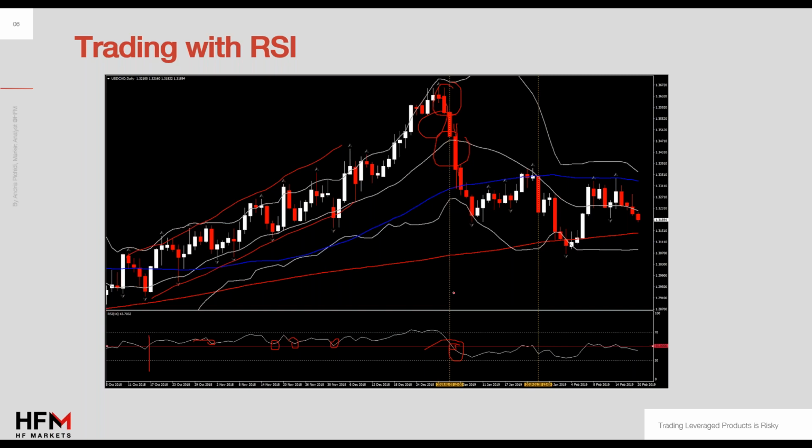Is it turning down already? Is this a correction? What is this? But the confirmation came with RSI, because that was a clear signal that it is not a correction, it is actually a new trend, that there's no longer an uptrend, but instead we might see the asset turning down and developing a downwards channel. And this is what indeed happened.